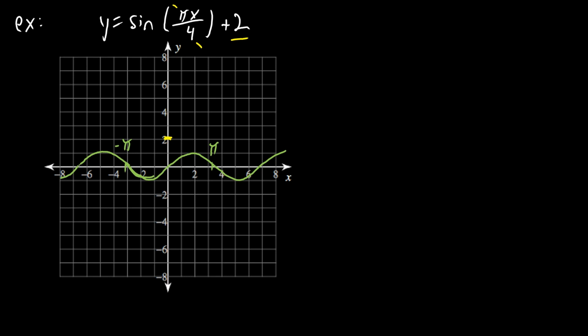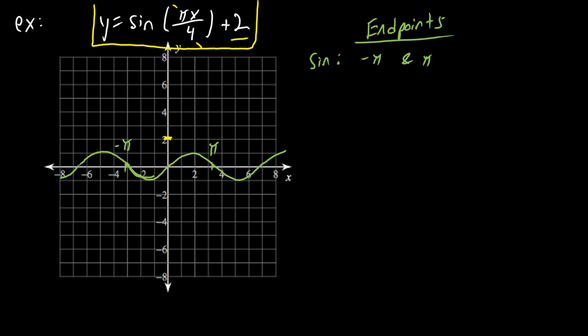So we can say sine, and I'm just going to put endpoints, and I just want to make sure this is clear when I'm saying this. Negative pi and pi. I'll put this in yellow. This is f of x.